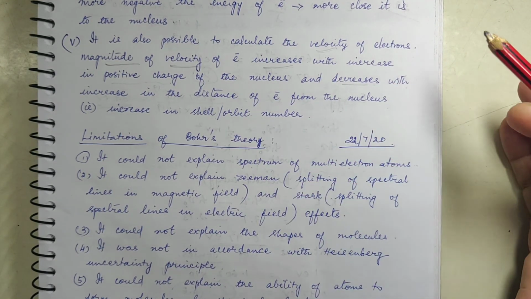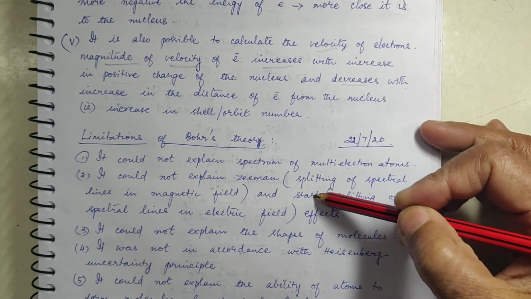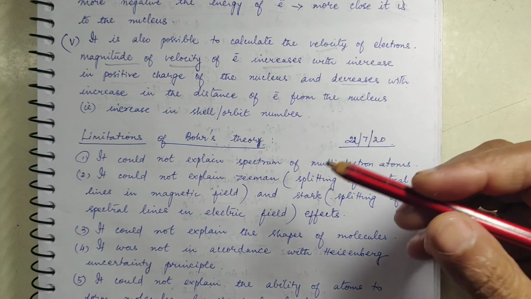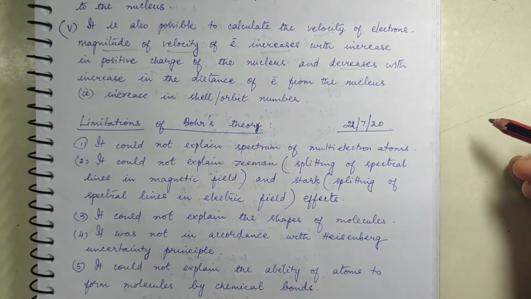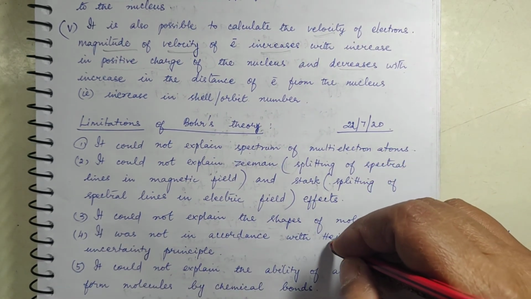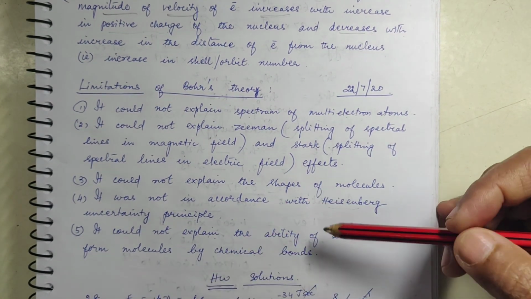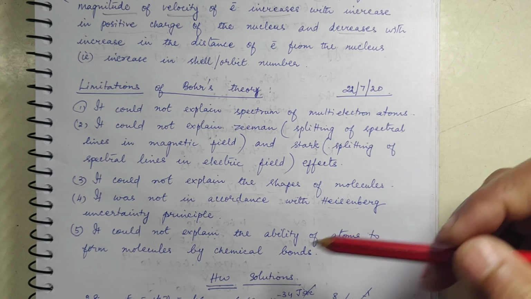Then it could not explain the Zeeman effect and Stark effect, which is splitting of spectral lines in magnetic field and electric field. It could not explain the shapes of molecules, and it was not in accordance with Heisenberg uncertainty principle, and it could also not explain the ability of atoms to form molecules.